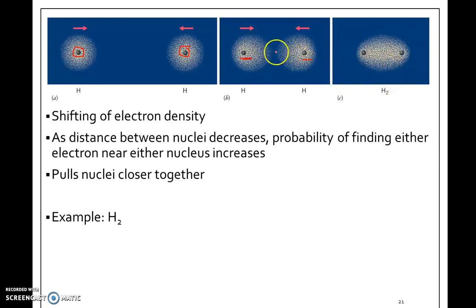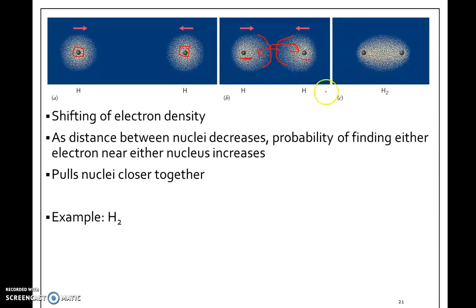But you also see there is some sort of pull, so you can see the electrons start to get attracted to the other side. And at a certain distance, those orbitals will start to overlap, and that creates a bond.